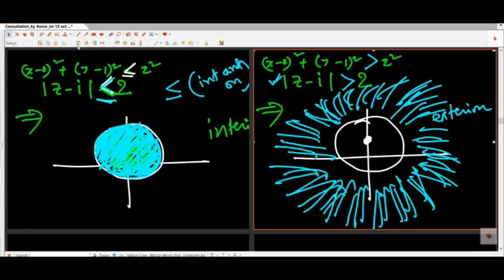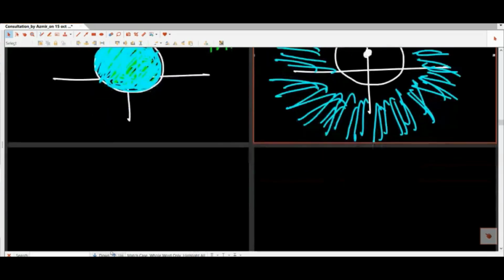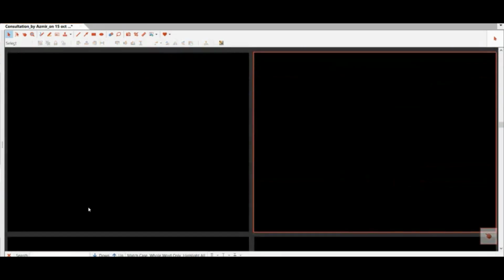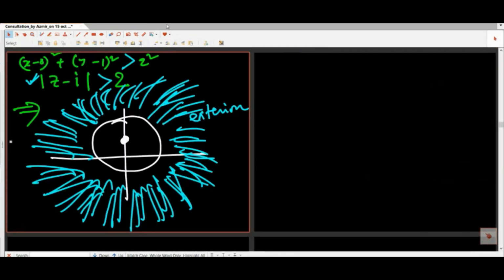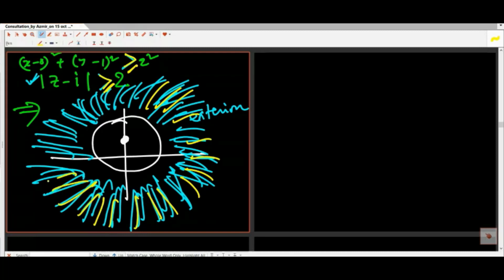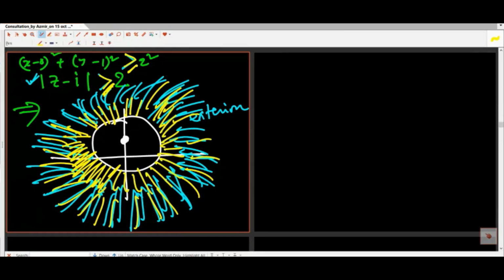So now let's think about another form. Suppose this time we have greater than with equal sign. So since we have greater than, the exterior region will be here, and since we have also equal, the lines will also touch the boundary or circumference of the circle.